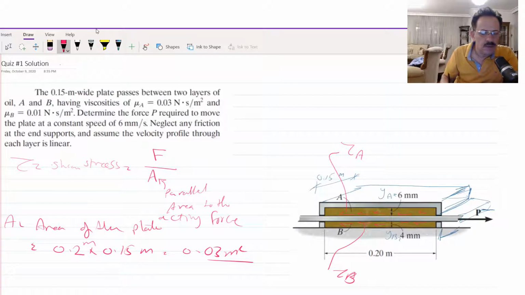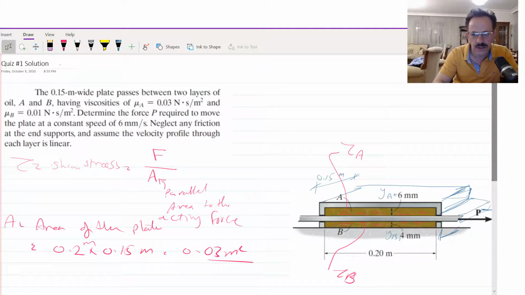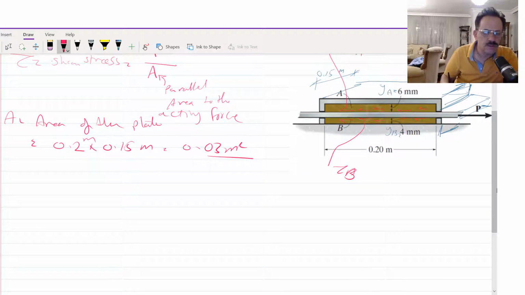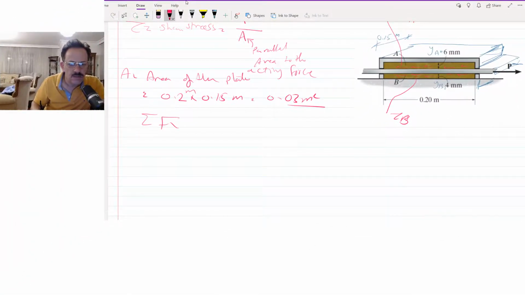Now, because we have different depth and we have the force acting, before going to solve this one, we know that summation of Fx is equal to 0.